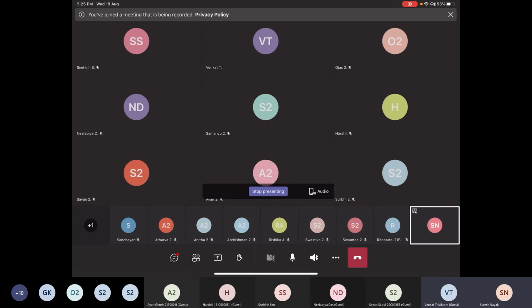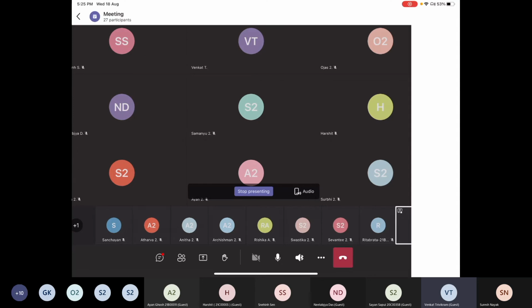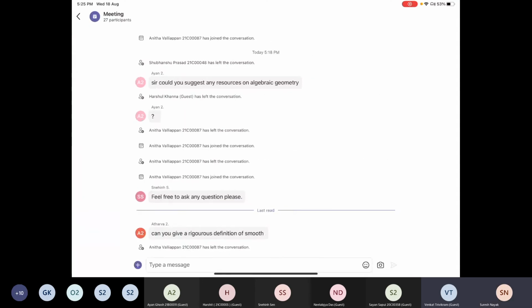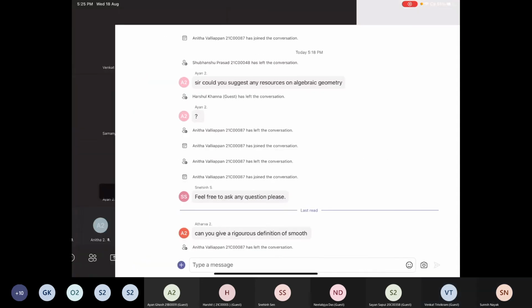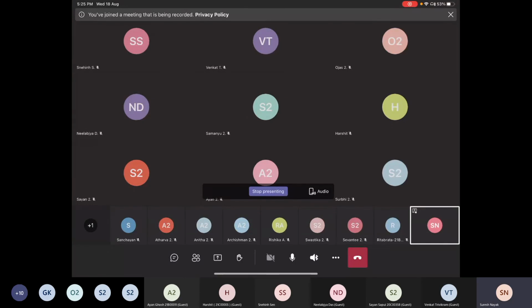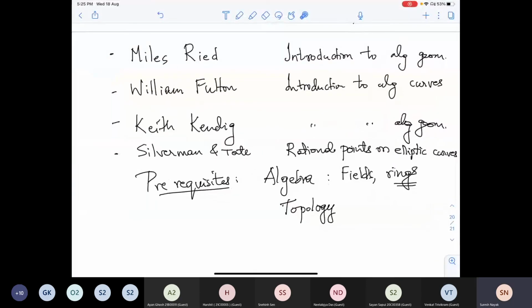Sir, Atharva Mahajan asks, can you give a rigorous definition for smooth? Oh, I see. Okay, let's try that. So where was I?